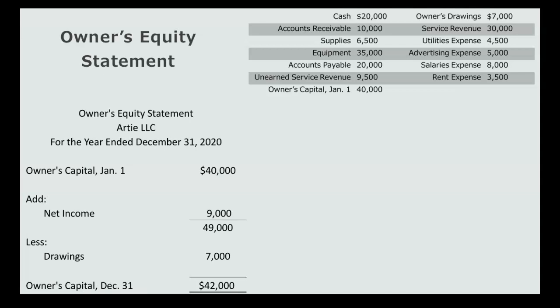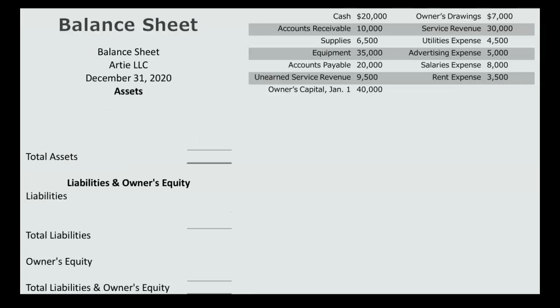When we take a look at an owner's equity statement or the income statement, it showed for the year ended December 31st, 2020, because that statement talked about all the changes that happened throughout the year. A balance sheet is saying these are the account balances on this date. It's not about what changes happened, but rather just this is where we're standing now.